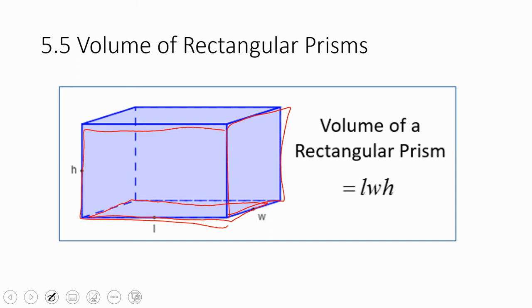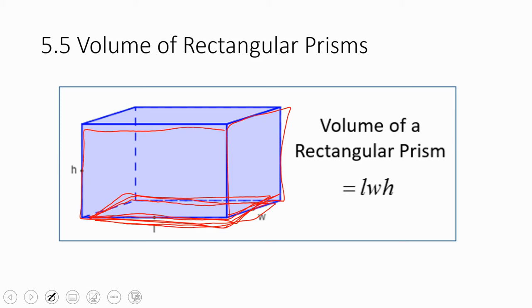When you're finding the volume of a rectangular prism, it's pretty simple. When you found the area of a rectangle, you just took the length and multiplied it by the width. That gave you the area of that rectangle.